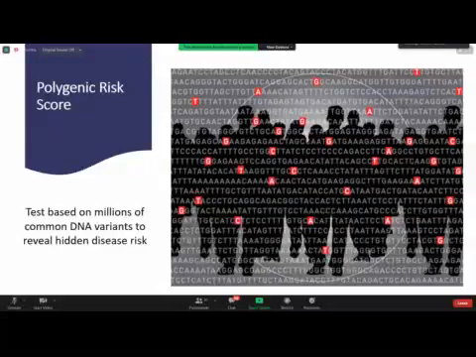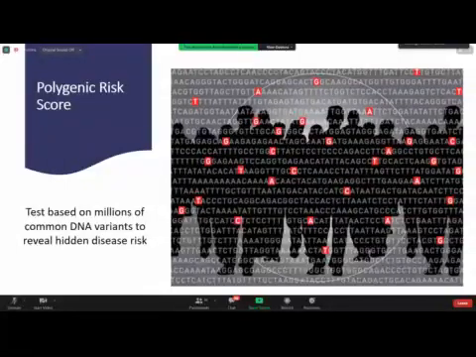So now there are tests based on millions of common DNA variants to check hidden disease risk. For example, there are common variants for Alzheimer's and other disorders.